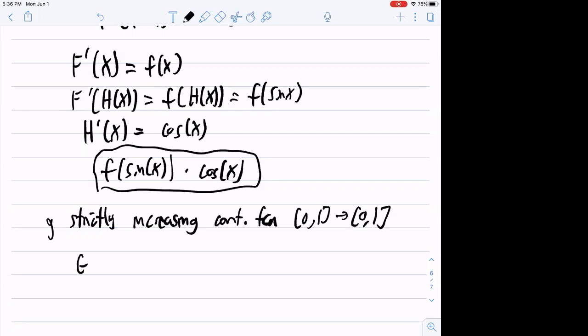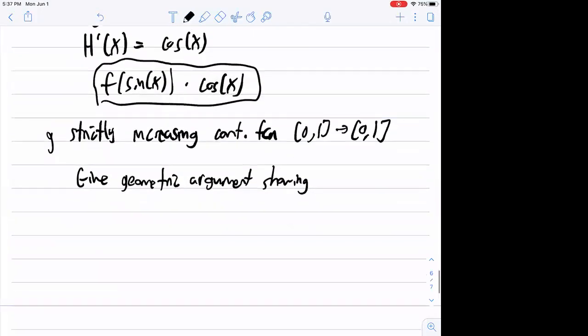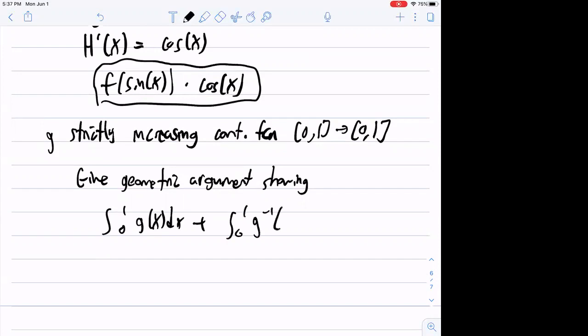Give a geometric argument showing the integral from 0 to 1 of g of x dx plus the integral from 0 to 1 of g inverse of u du is 1. Can anyone explain this?